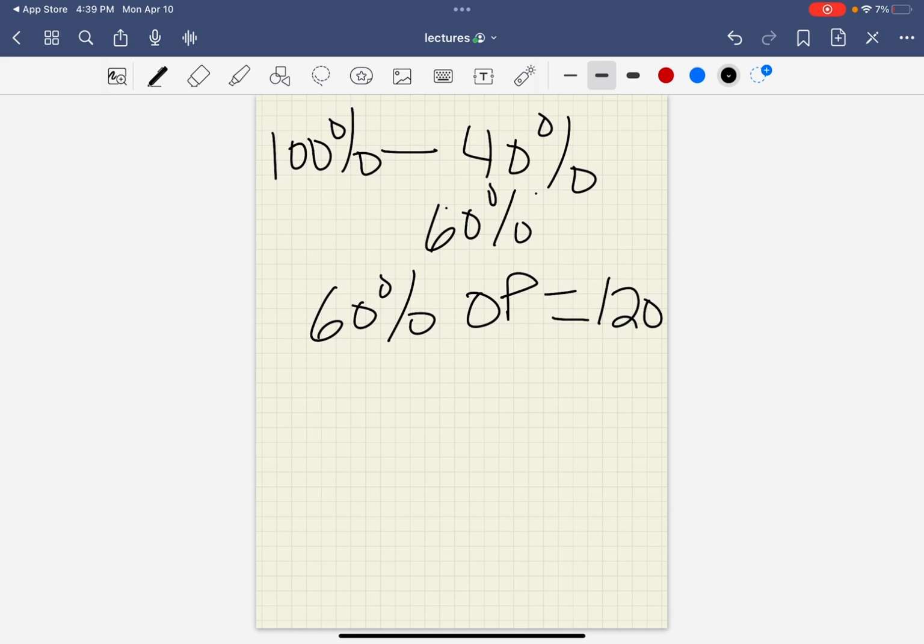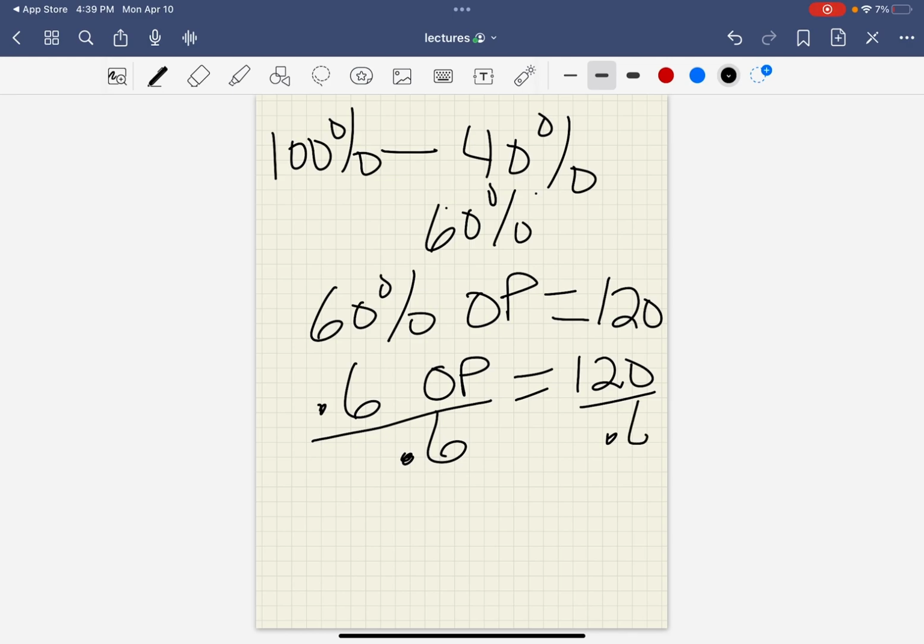Now, how do we write 60%? It's 0.6. So 0.6 times the original price, you can use X or whatever you want, is equal to 120. So now to get OP by itself, remember we have to divide by 0.6 on the left and on the right.